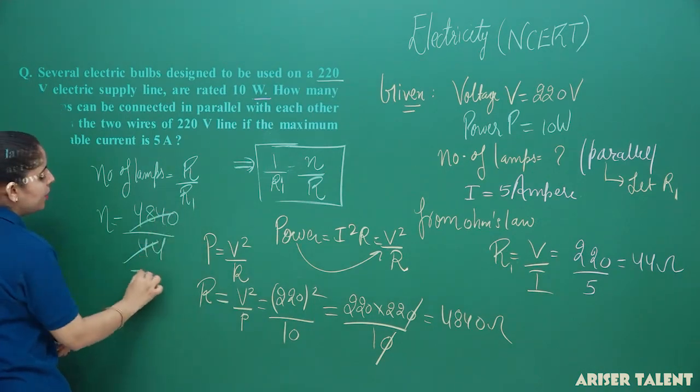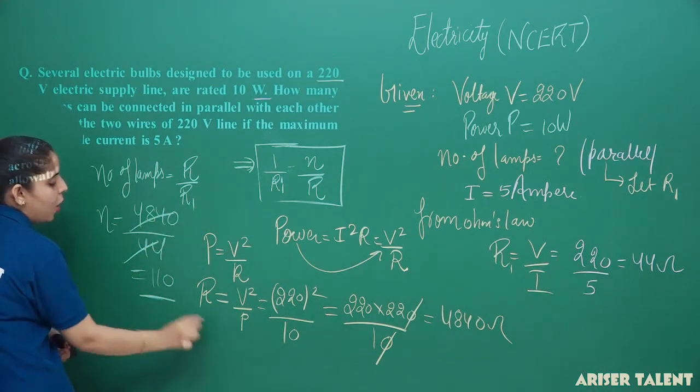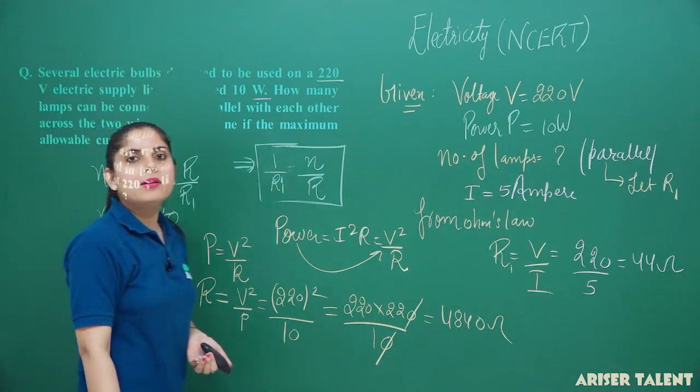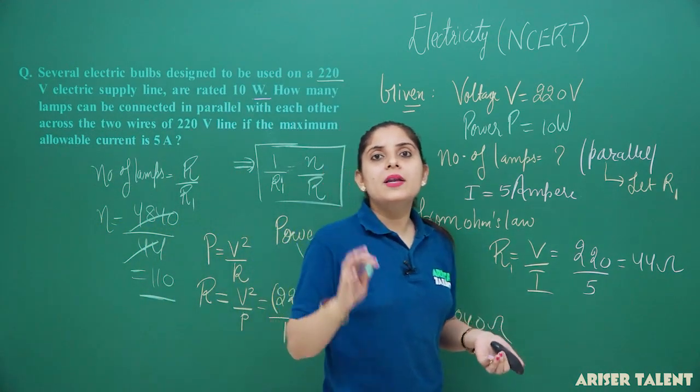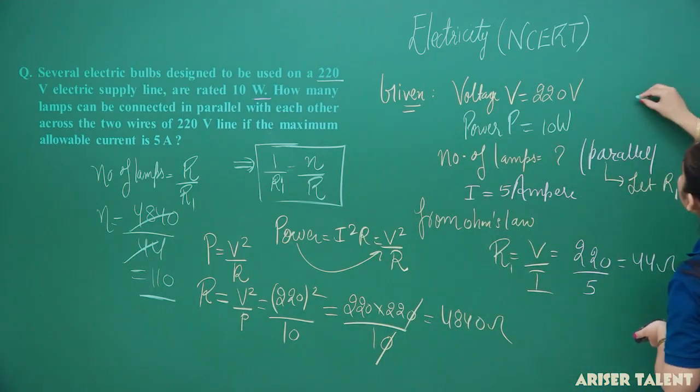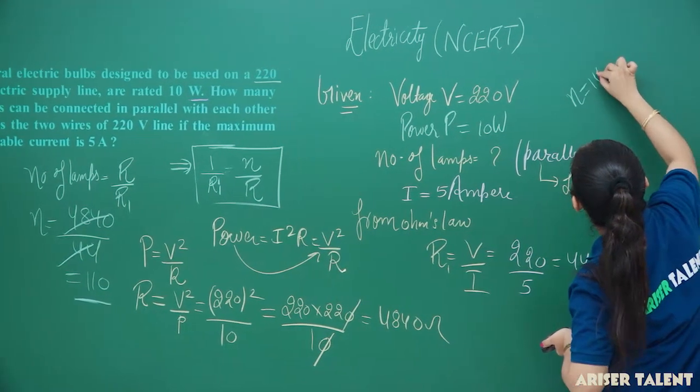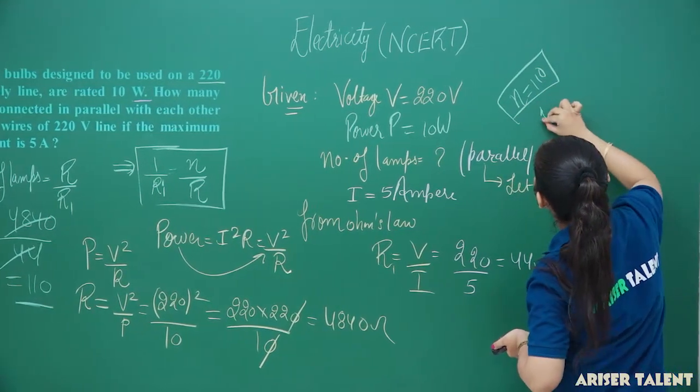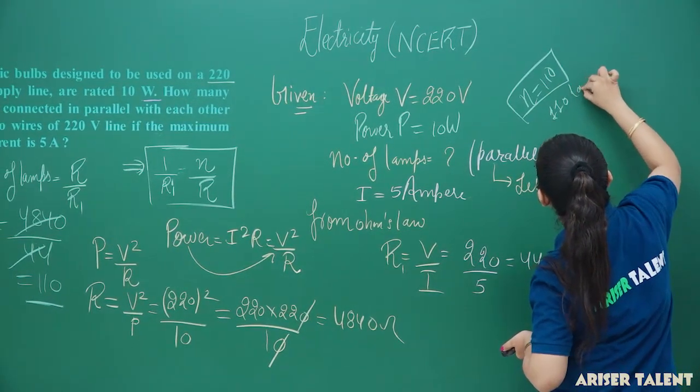So it is equal to 110. So you have to connect 110 lamps in parallel to get the power 10 watt and current 5 ampere. So the value of N equal to 110. We need 110 lamps.